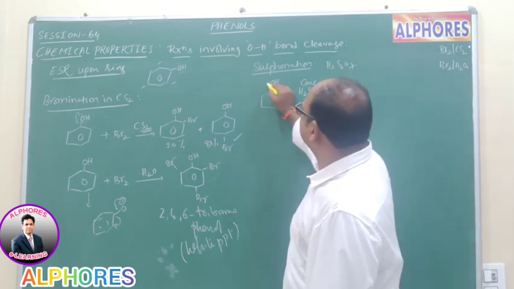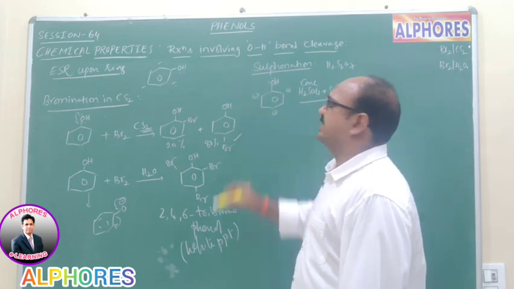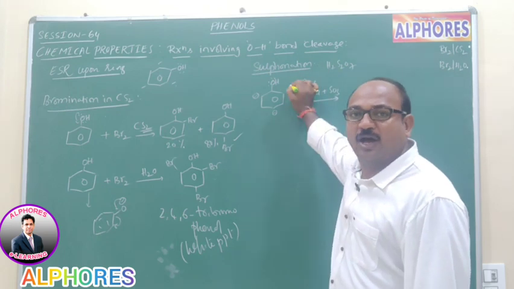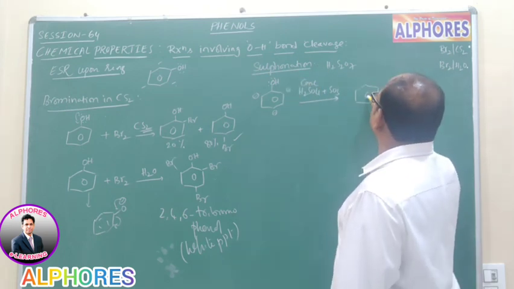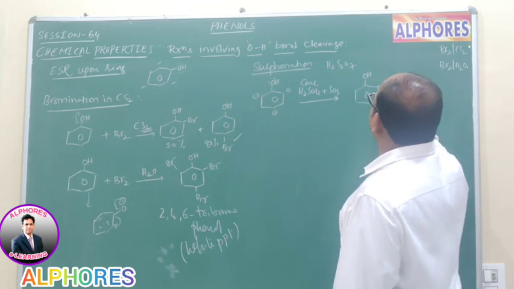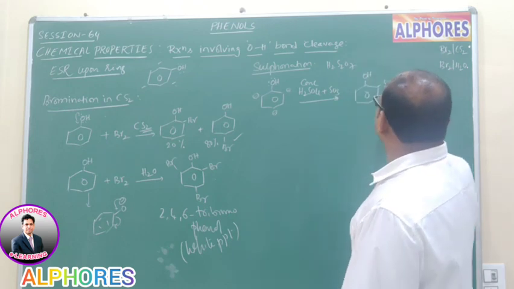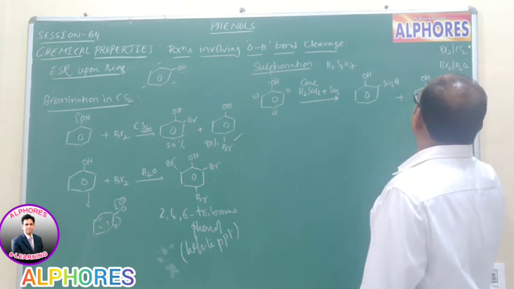As we know, the OH group activates the ring, and the ortho and para positions get activated, and the SO3 electrophile has to attack at the ortho and para positions. Then we get the products: OH and SO3H at ortho, and the para product with OH and SO3H.